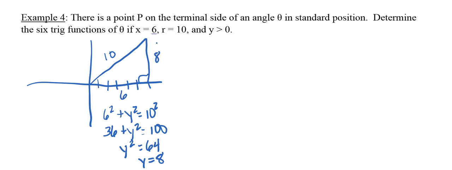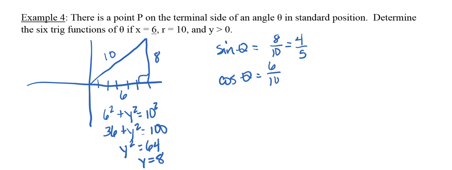Now we can go ahead and do the 6 trig functions. Sine is y over r, so that's 8 over 10, which is 4/5. Cosine is x over r, or 6/10, which is 3/5. Tangent is y over x, so it's 8/6, or 4/3.